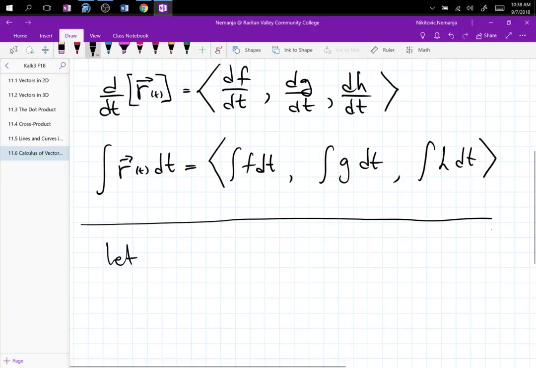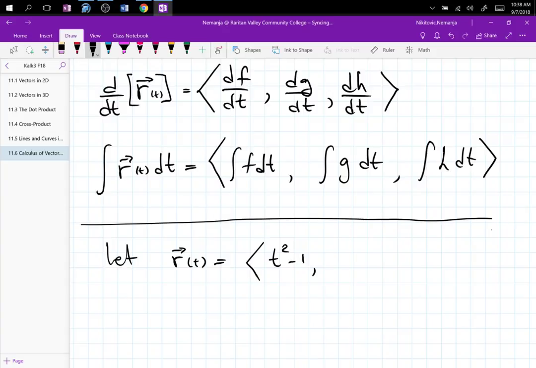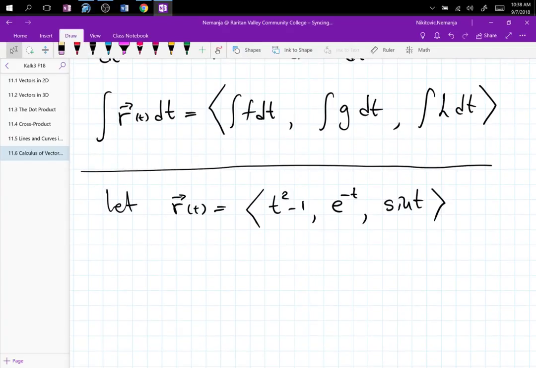So let r of t be t squared minus 1, e to the negative t, and sine t. Find the limit as t goes to 0 of r of t.